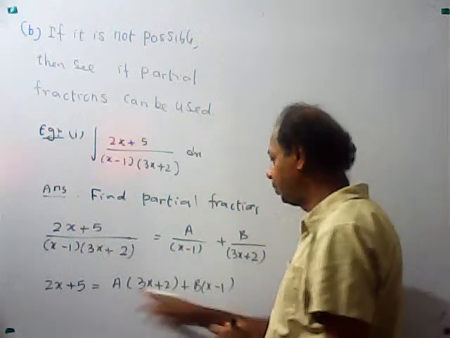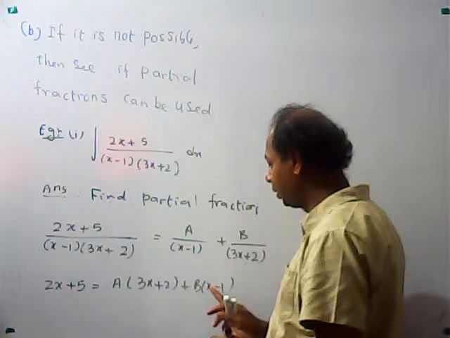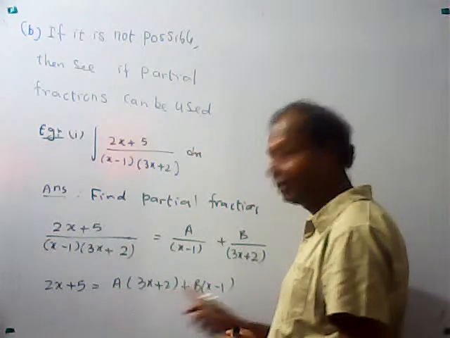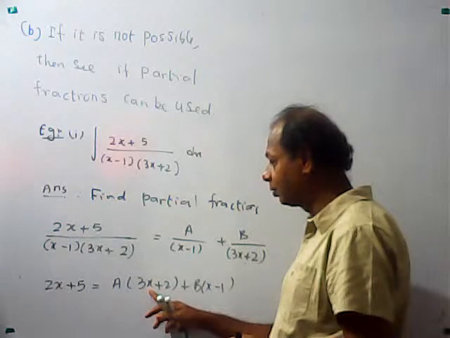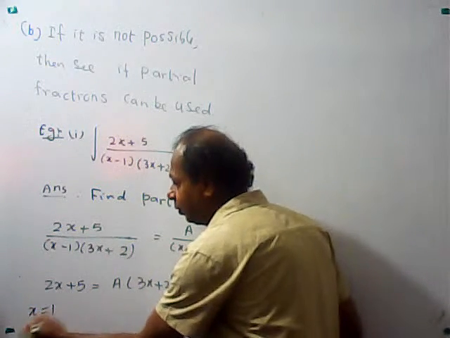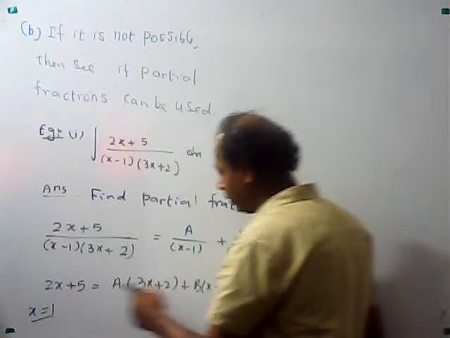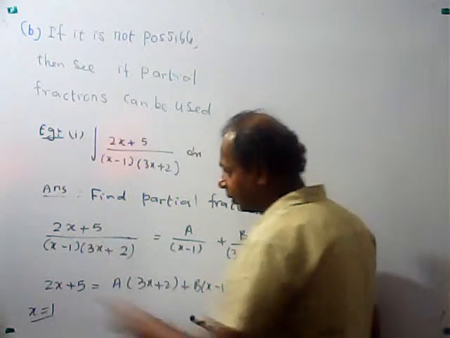You can find A just by setting x at 1. You can find B by setting x at minus 2 over 3, right? So when x equals 1, this term disappears. 5A equals 7.